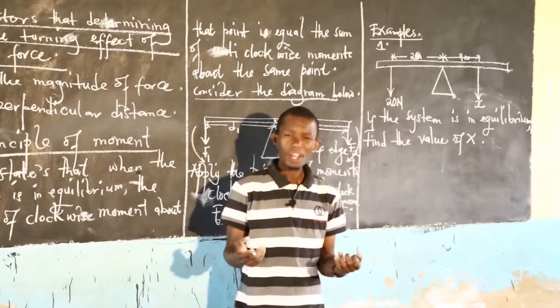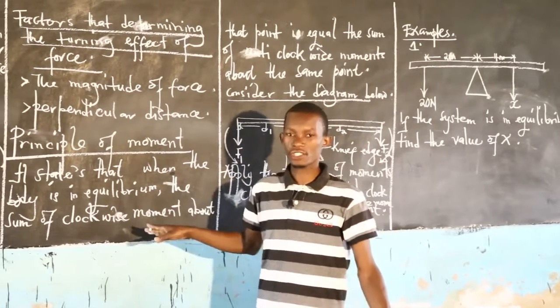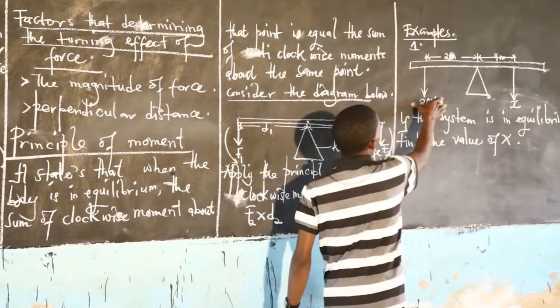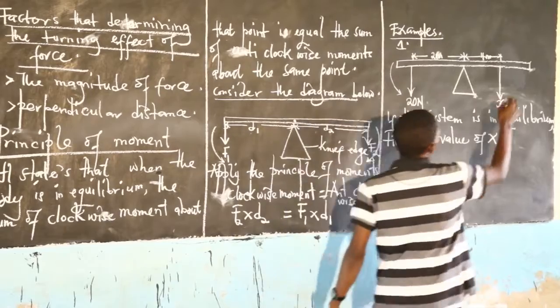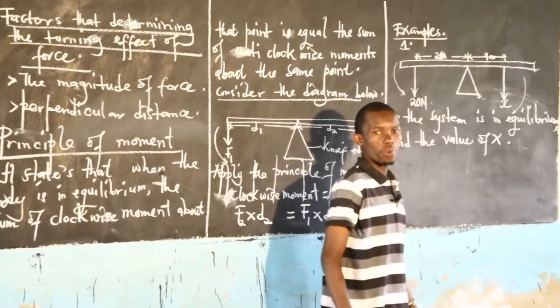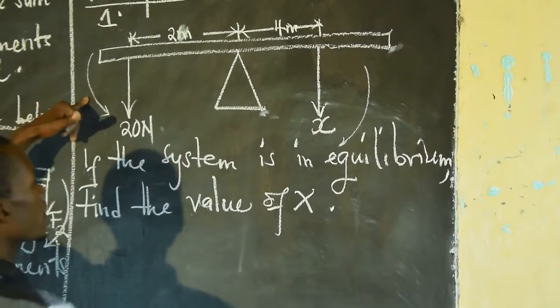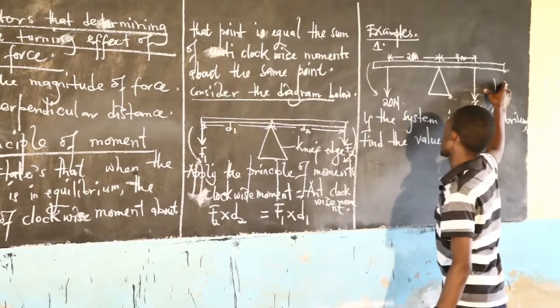So, we are going to find the value of x. But how? Applying the principle of moments is the only way. When you look on this diagram, this one is pulling this side, the other one is pulling the other side. So, what you should get to know is that there is anti-clockwise moment and there is also clockwise moment.